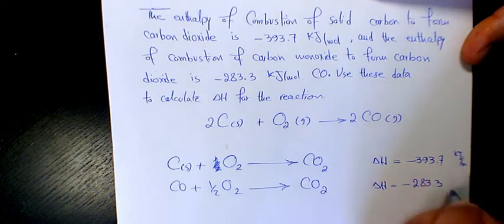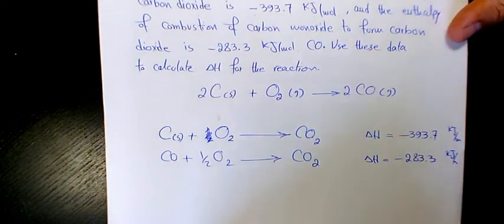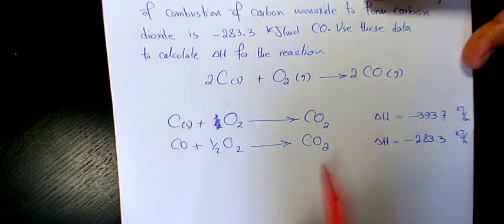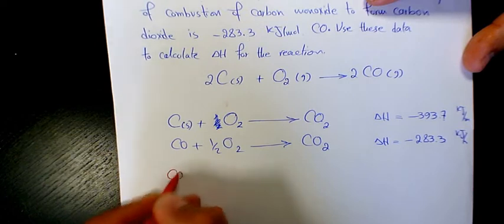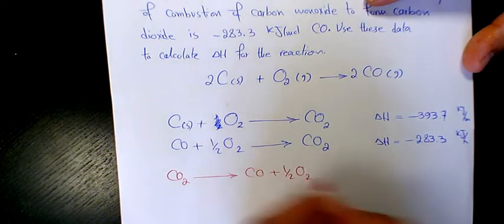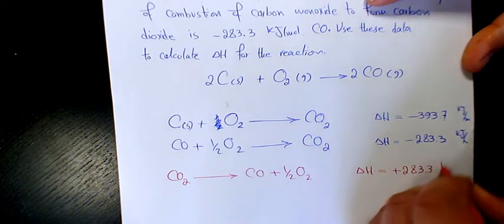So what can we do? We need to reverse one of them. I'm gonna reverse the second one, so make it CO2 gives us CO plus half of O2. Delta H is gonna be positive 283.3 kilojoule per mole.